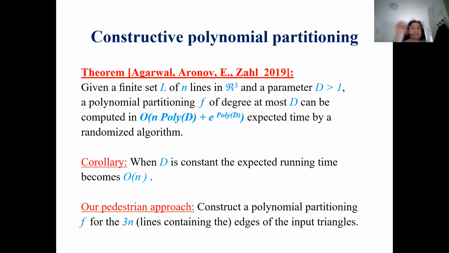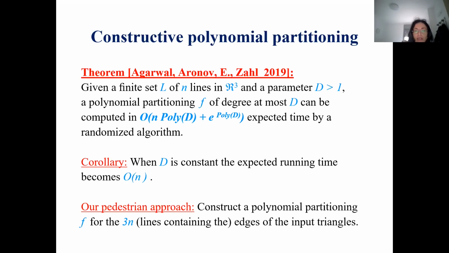For the case of lines, we are given a set L of n lines in R3 and a parameter D. So a polynomial partition f of degree at most D can be computed in expected running time n poly(D) plus e to the power of poly(D). This is an exponential factor. But if we choose D to be a constant degree, or a large constant degree, then the expected running time is only linear, only order of n. And this is what we need for our problem.